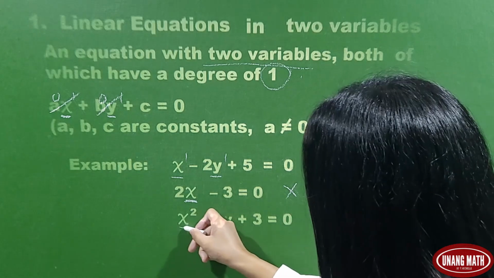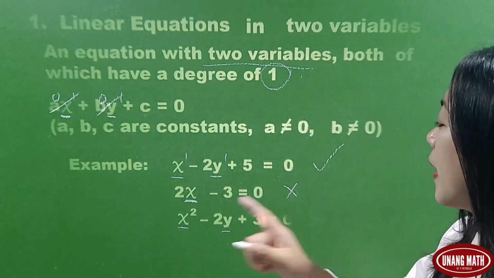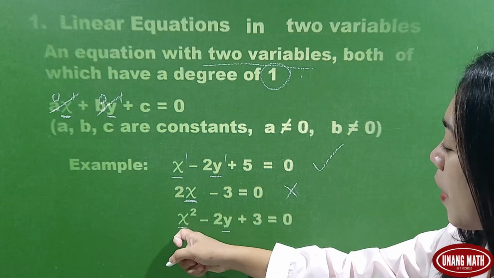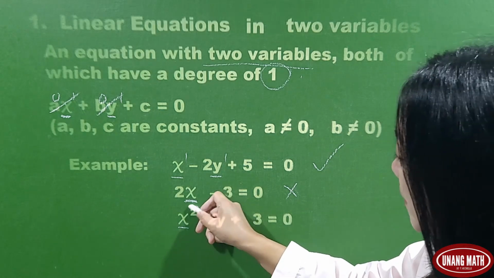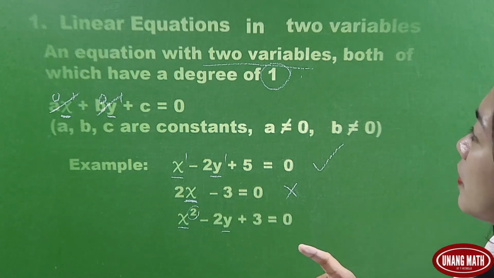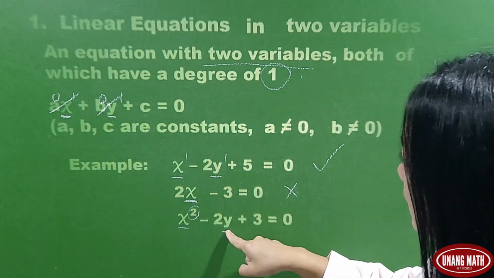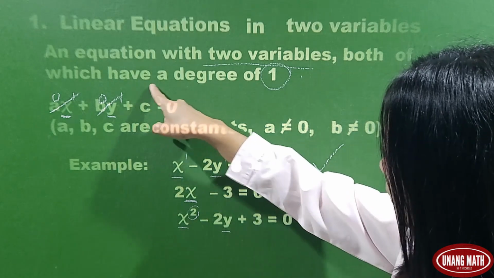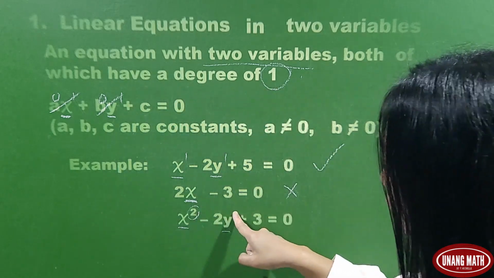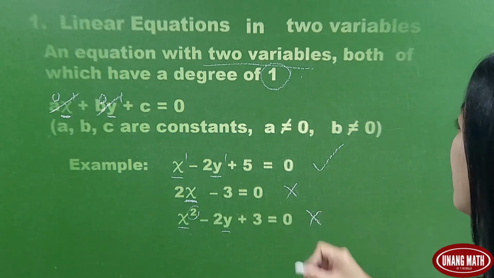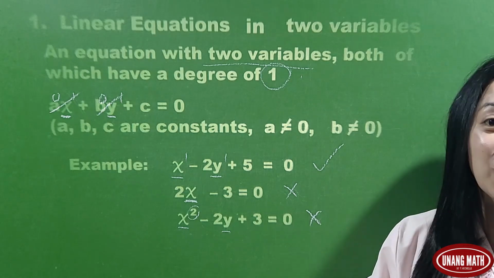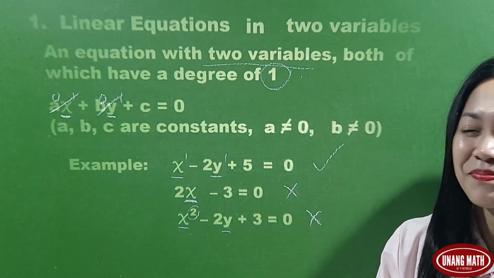Yes, we have two variables, but the exponent of variable x is 2. Take note, in linear equations in two variables, the two variables should have a degree of 1. So this is not a linear equation in two variables.